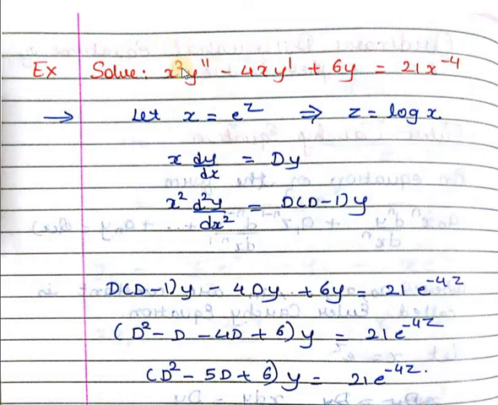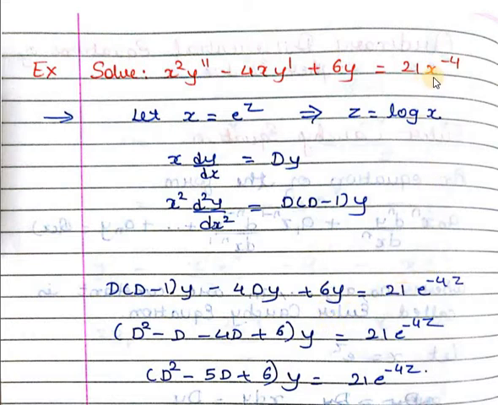So here we will replace x square y double dash by D into D minus 1 y. Same way, here we will replace x y dash by Dy. Okay, so here it will be minus 4 Dy plus 6y is equal to 21.